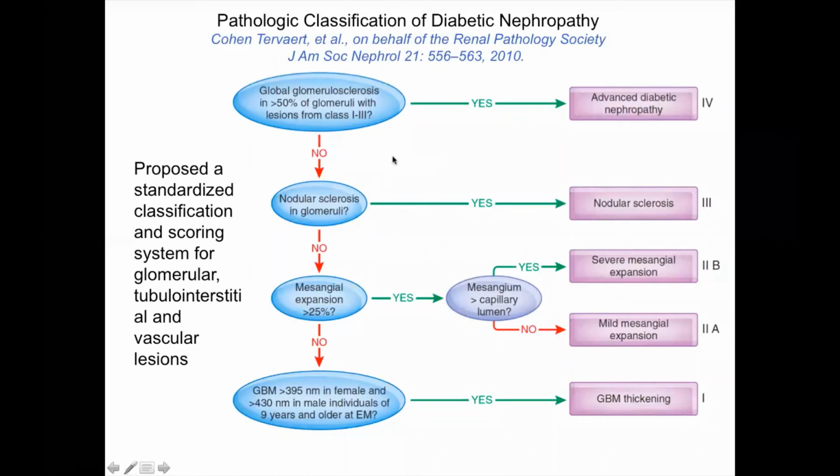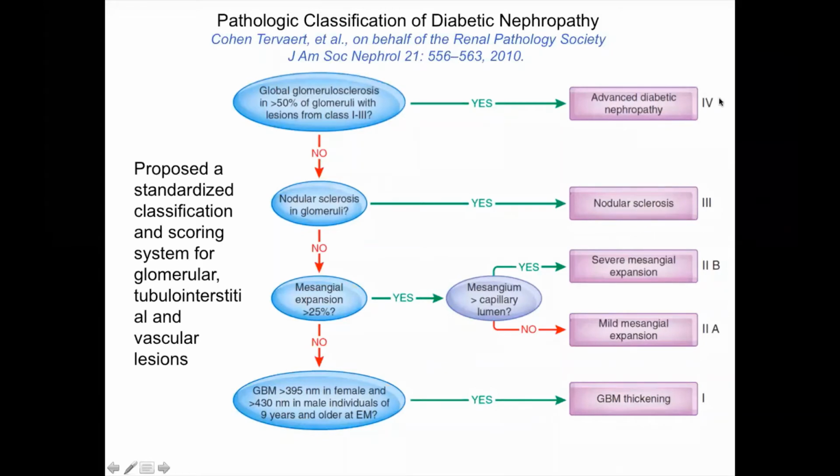And if it reaches global glomerular sclerosis, the mesangial expansion and KW nodules lead to sclerosis of the whole glomeruli, and if it's more than 50% of the glomeruli with lesions from 1 to 3, because this is advanced diabetic nephropathy, it is stage 4.